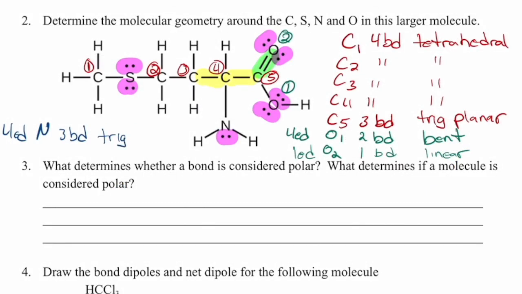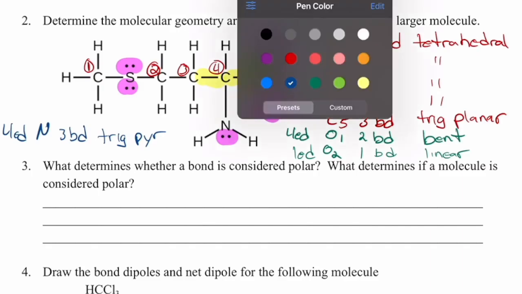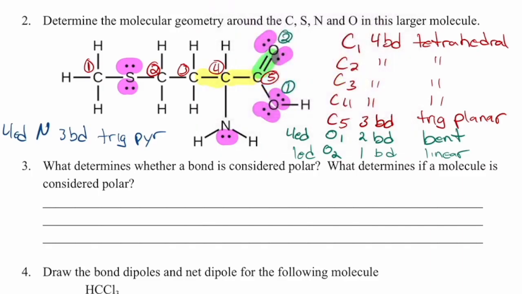So we now have 5 different ones: trigonal planar, tetrahedral, bent, linear, and trigonal pyramidal. And then last but not least, sulfur has 2 bonding domains with 4 electron domains, and we should recognize that that is bent, similar to oxygen number 1.